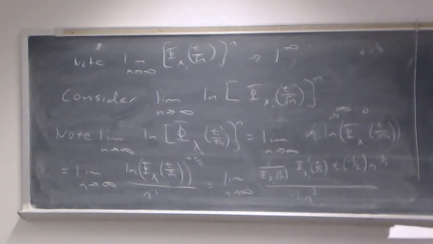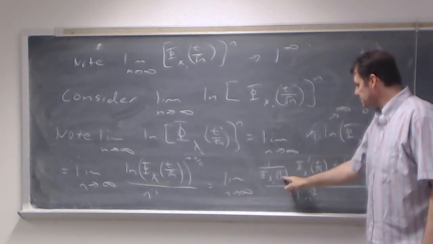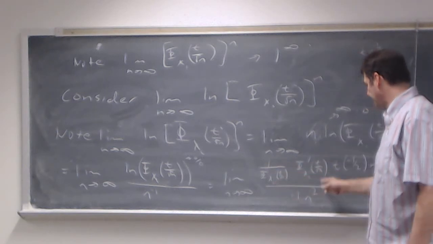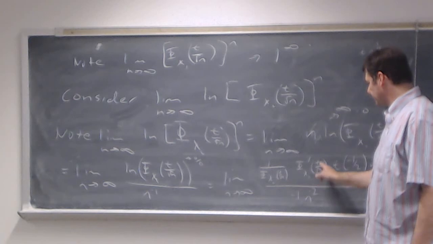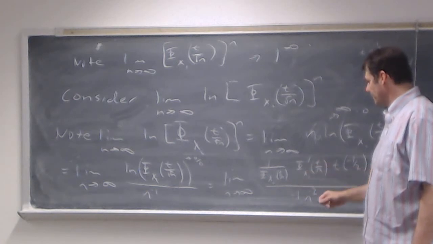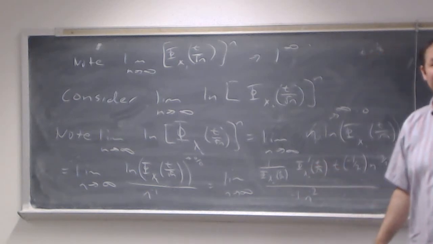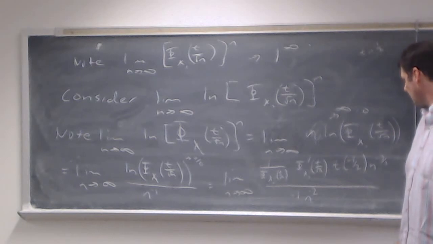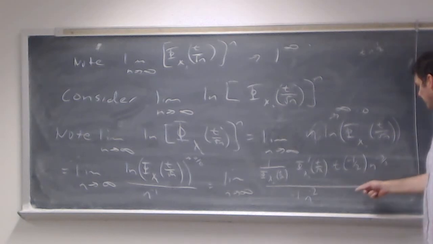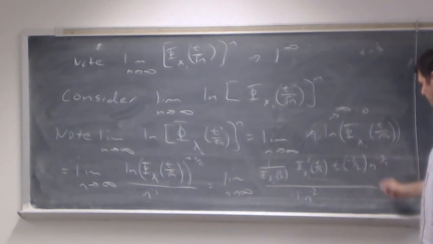Okay, let's look at that for a second. Here again is phi of 0, that's just 1. When n goes to infinity, this goes to 0. The derivative evaluated at 0 is just the expected value of x. This guy can be pulled up to the bottom, if you will, and we get n to the minus 1/2.